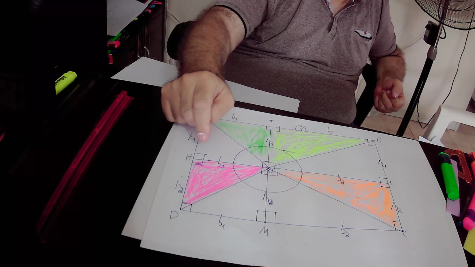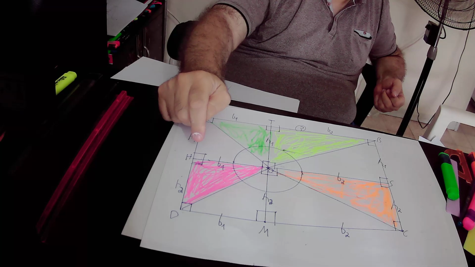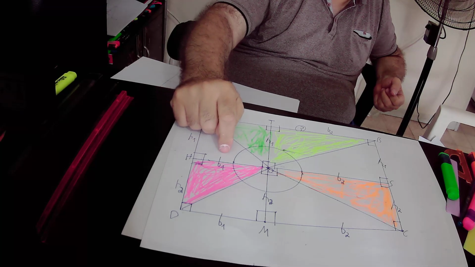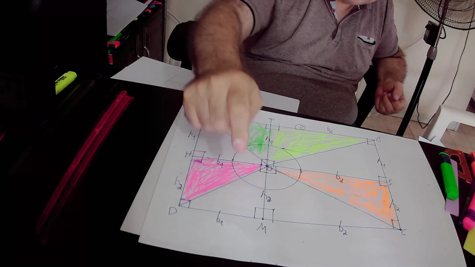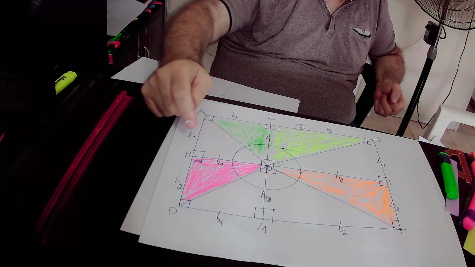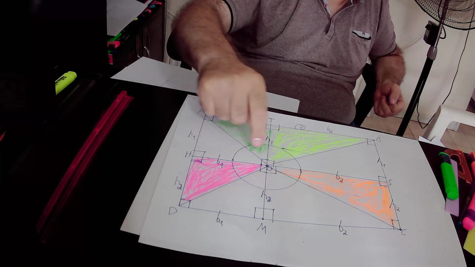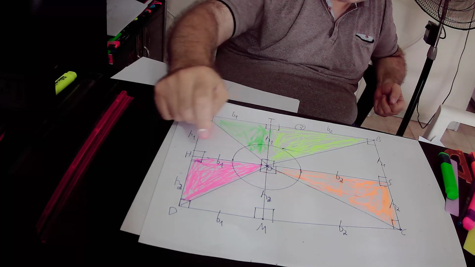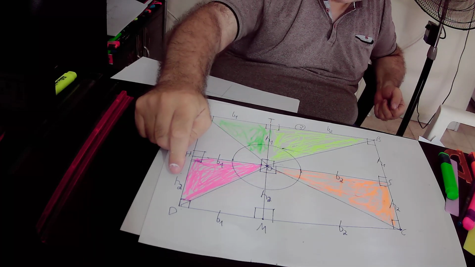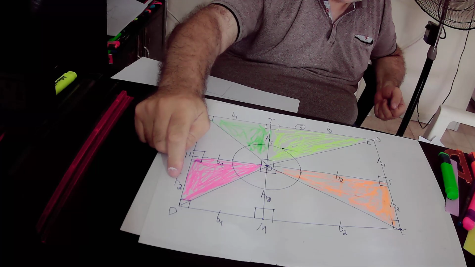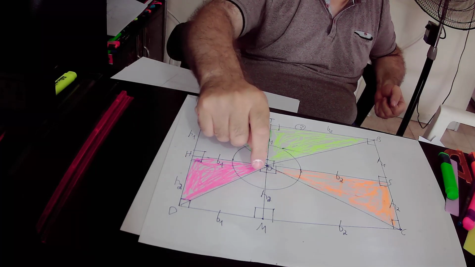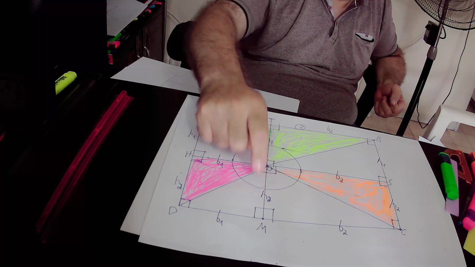But according to what we have already found out, HO equals B1. Therefore, DM must also equal B1. Likewise, HD must be equal to OM in this rectangle HODM. But we know that HD equals H2, therefore OM must also equal H2.